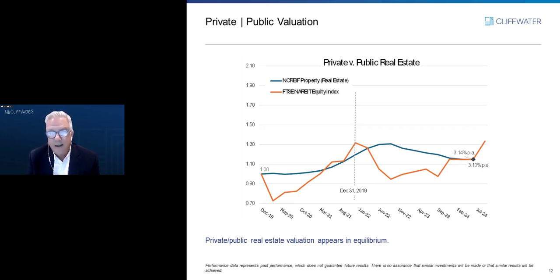Basically, it looks like the public valuations have caught up with the private valuations, and particularly the very strong quarter. You see the orange line shoot up. The very strong quarter suggests that perhaps equity real estate is attractive now vis-a-vis public real estate.